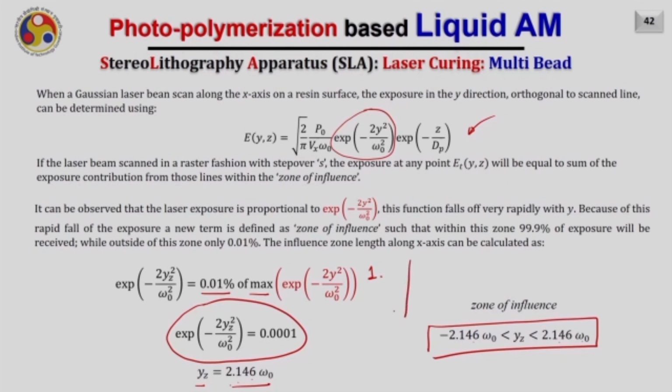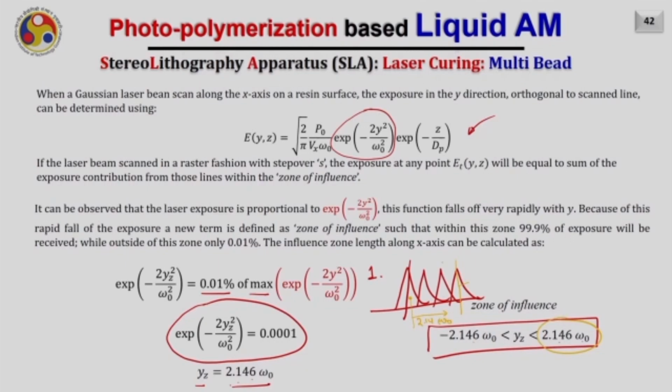If there are several passes, assume that this is pass 1 giving this much energy, then pass 2 giving this much energy, this much energy, this much energy. If I have a point of interest here, there is no point in considering a pass which is really far away from this. We should consider only the passes that are in the range of 2.14 times omega naught.